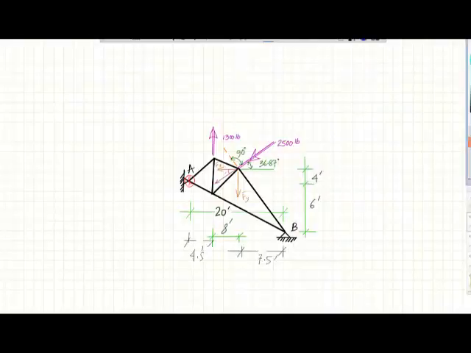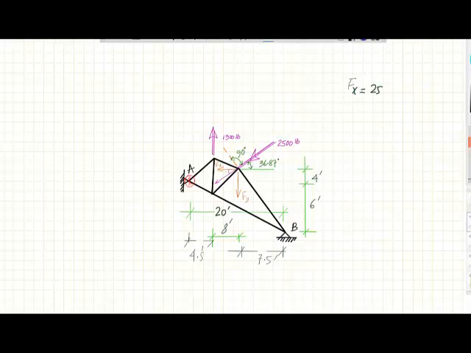Now we need to calculate the values for components Fx and Fy, knowing the value of this angle here. Fx is equal to 2500 cosine 36.87 degrees, which is equal to 2000 pounds.